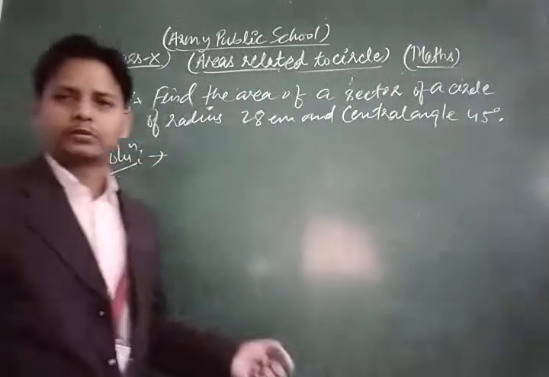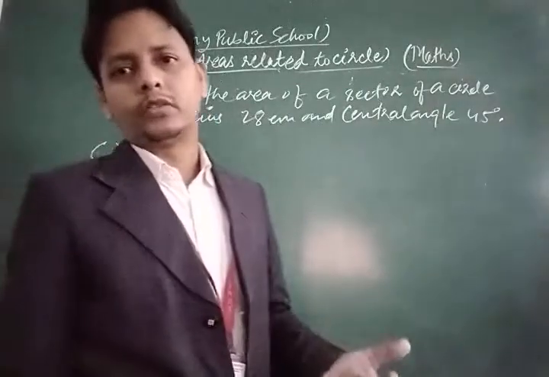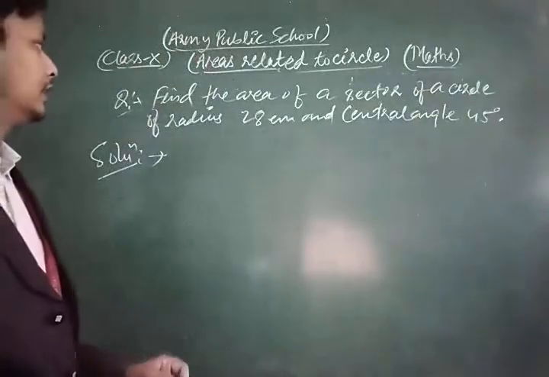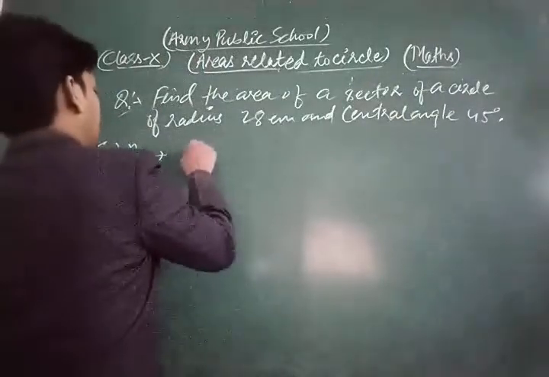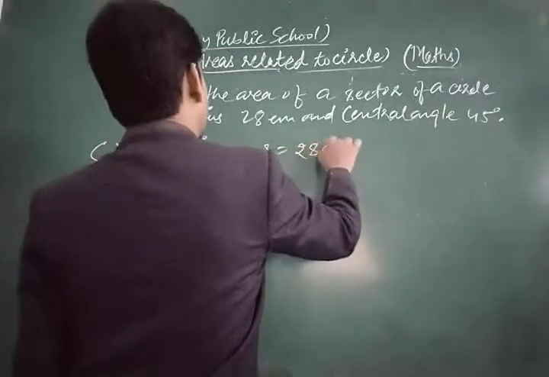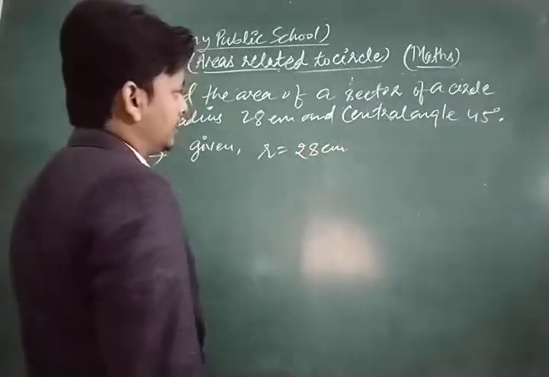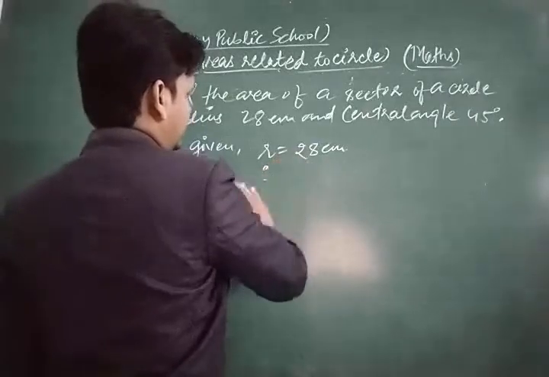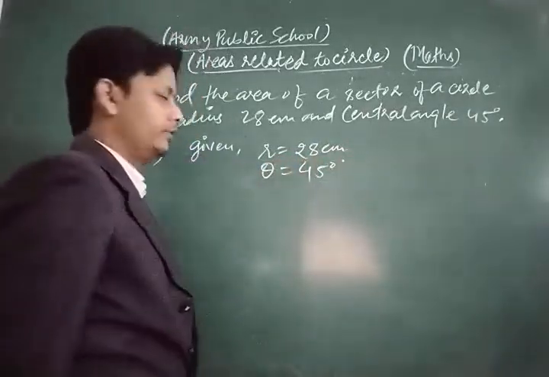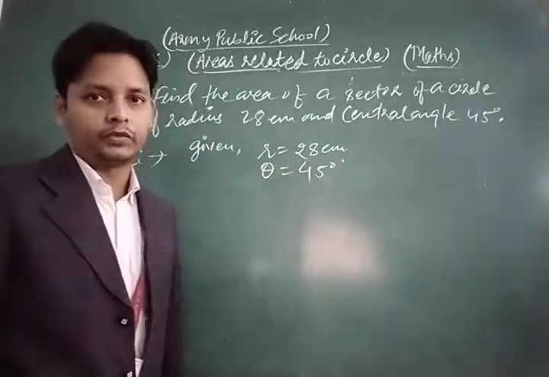This is a short type of question based on the area of sector of a circle. Here, find the area of sector of a circle of radius given. First of all, we write the given radius of the circle is 28 centimeter, and the central angle is 45 degree.